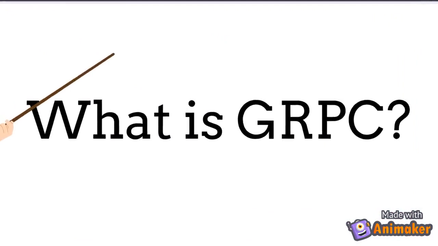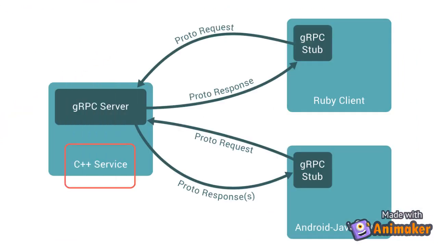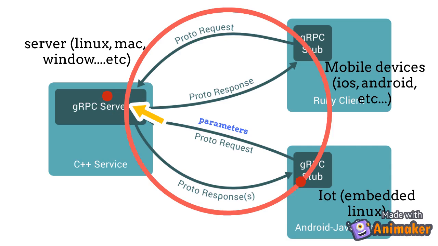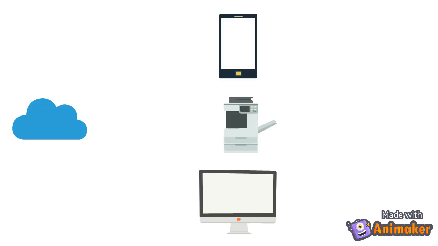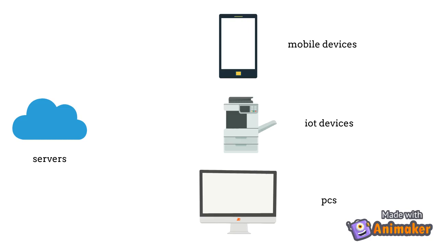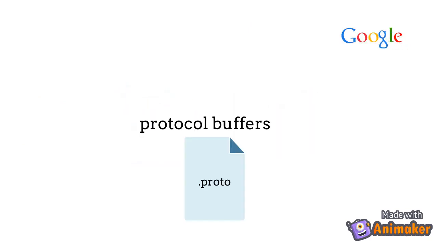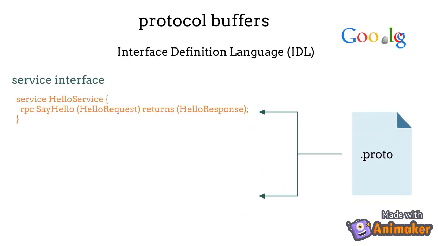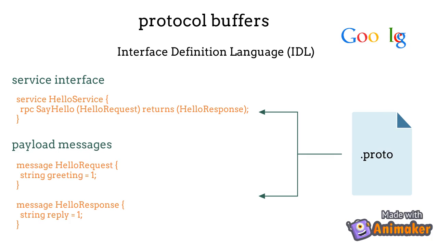What is gRPC? gRPC connects the server and clients. A gRPC client application can directly call methods on a server application on a different machine, with their parameters and return types defined in a proto file. They can run and talk to each other in a variety of environments, such as mobile devices, IoT devices, servers, and PCs. gRPC can use protocol buffers as the interface definition language, IDL, for describing both the service interface and the structure of the payload messages.